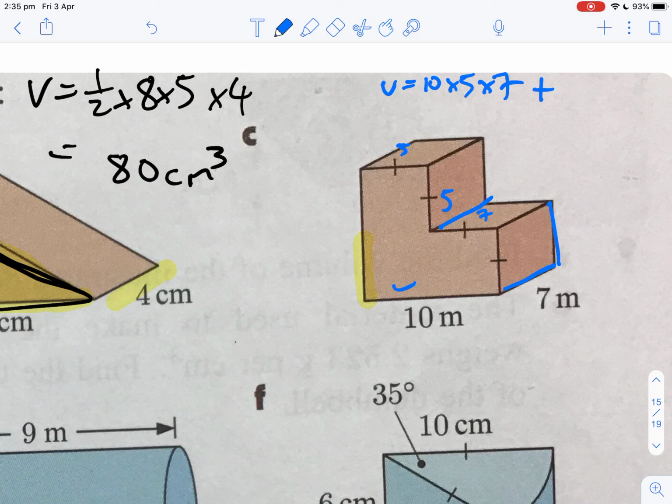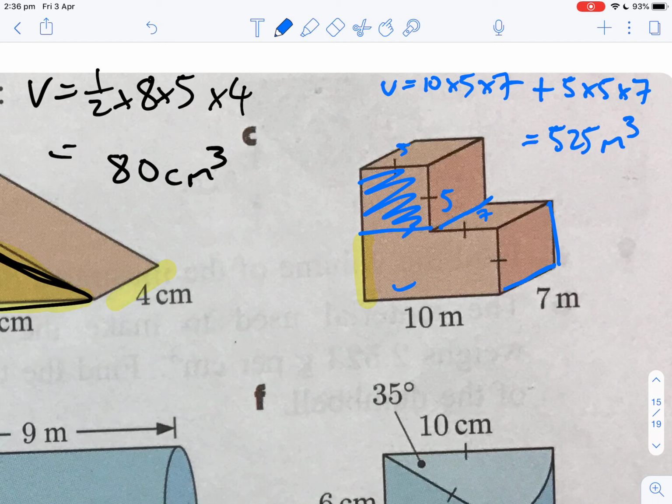So for that second shape, I'm going to have 5 times 5 as the face there, and then timesing that by 7 to get my bit there. And hopefully that will give you an answer of 525 metres to the power of 3.